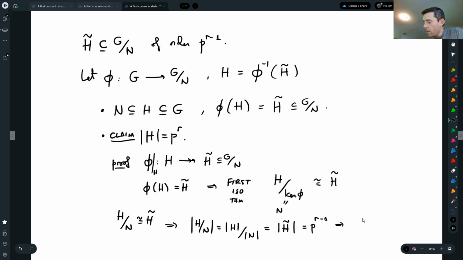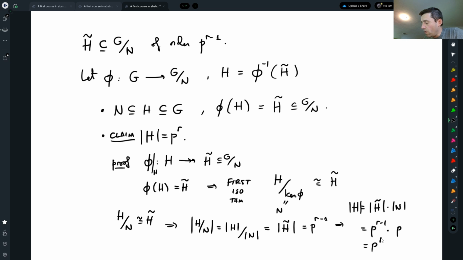And therefore, the size of H will be the size of H tilde times the size of N, which is p to the r minus 1 times p, which is p to the r, like I wanted to prove.